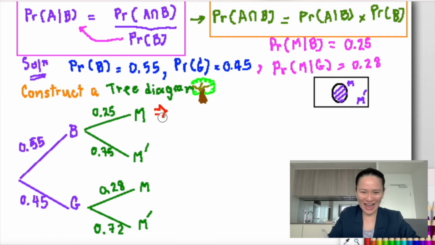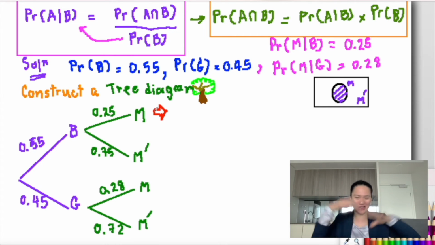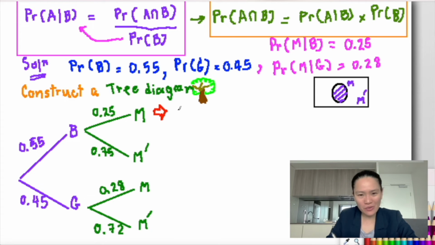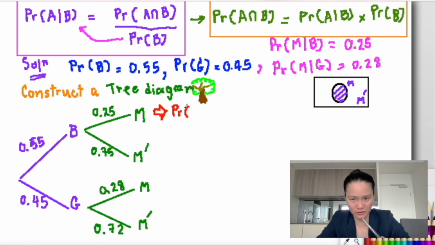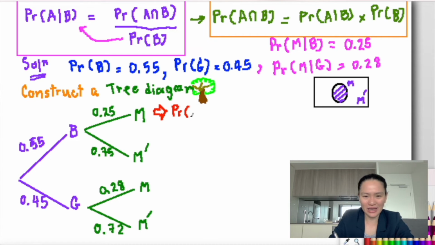For the first one, I'm going to write it for you like a whole formula. If you want to find the probability of the one who likes mathematics and is a boy as well. So that means they like mathematics and they are a boy too.